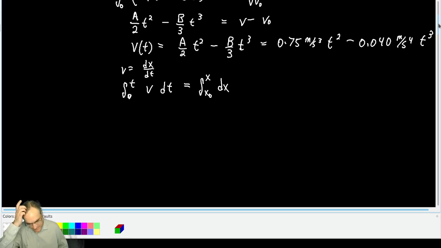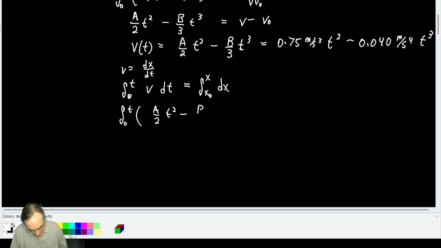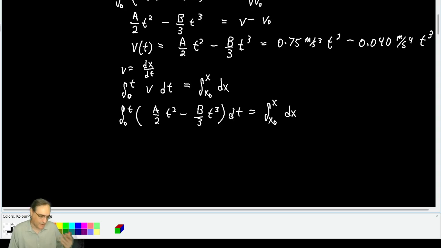All right, plugging in, integral from 0 to t, open parentheses, a over 2 t squared minus b over 3 t cubed, in parentheses dt, equal to integral from x initial to x dx. All right, integrating that's not particularly harder. A over 2 t squared, we'll get a t cubed, we'll have to divide by another 3, we'll have a over 6 t cubed. bt cubed dt, integrating that, we'll get a t to the fourth, and we'll have to divide by 4, so we now have b over 12 t to the fourth.